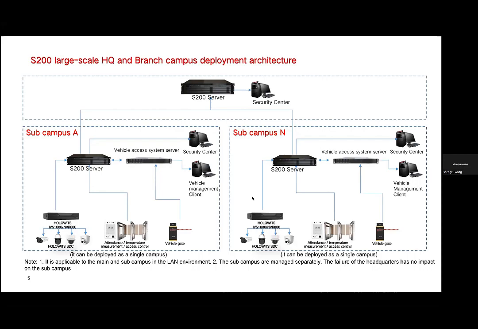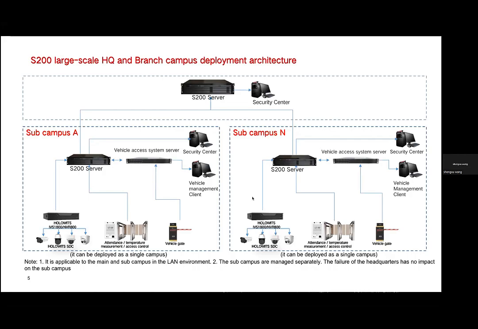The same is in the subcampus B, C, or N. And in the headquarters, maybe in Bangkok, for example, you could deploy another S200. And the S200 in the subcampus altogether could be integrated into the headquarters in Bangkok.